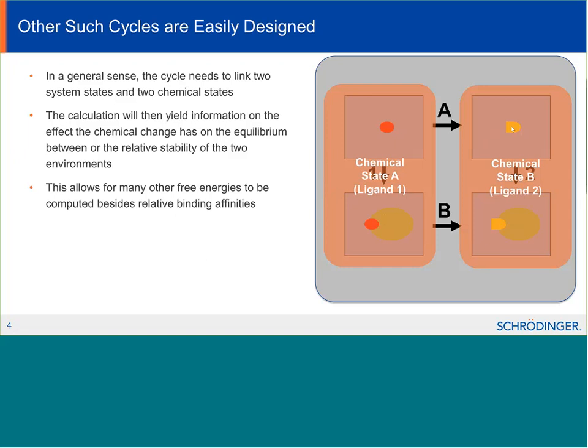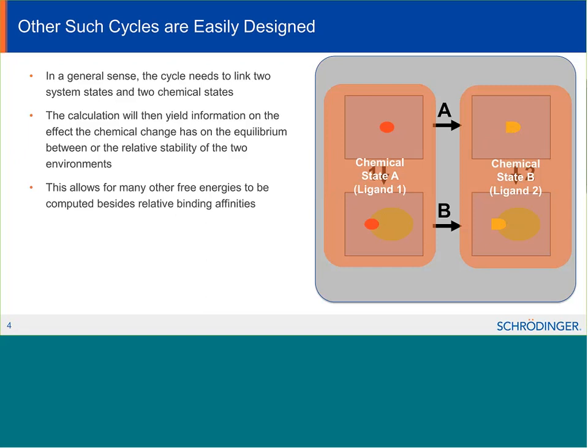So in our case of two small molecules, we're typically talking about small chemical modifications, introducing a few not too large, not too complex functional groups, or changing a few scaffold atoms for a core hopping approach.